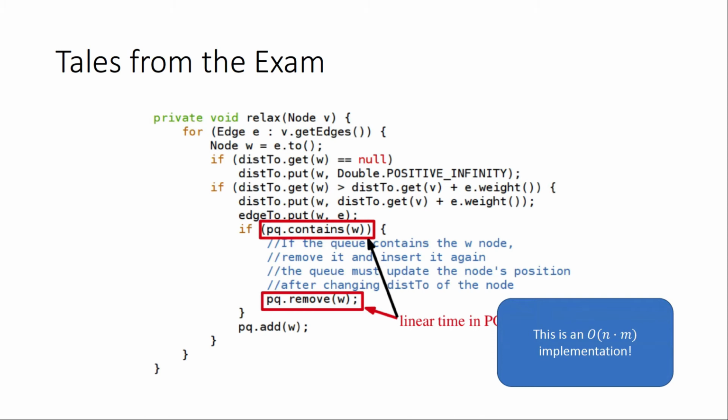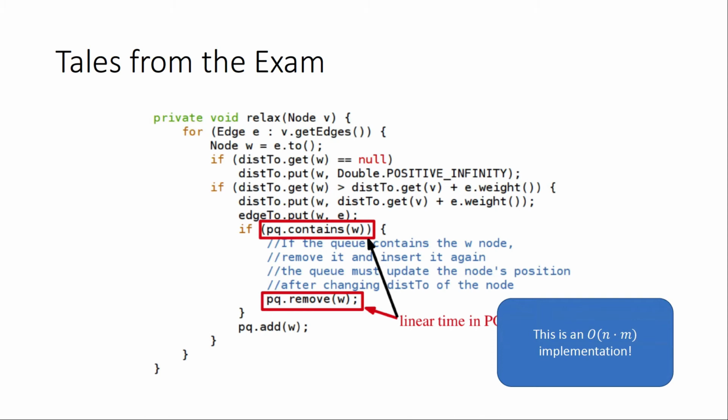Because then it goes through this heap, checks every element, and returns true or false. This is slow, so for every operation you get O of n. For every single edge, you get n time. So this is n times m. I think it's much, much worse than just going through this distance array like I did. Please don't do it like this.